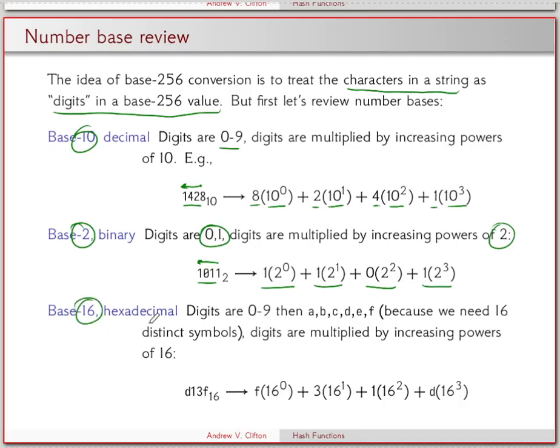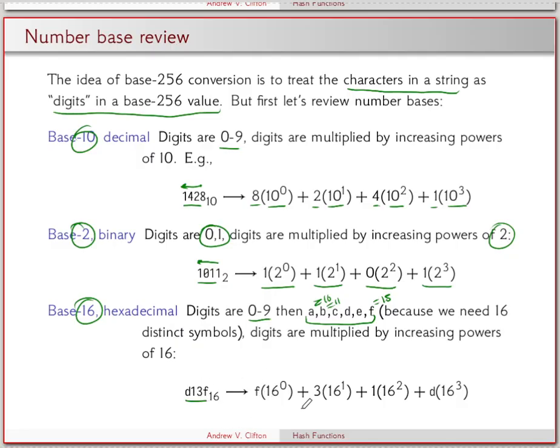Okay, what about base 16, which is hexadecimal, made famous by Matt Damon in The Martian? Our digits are 0 through 9, but we need 16 different digits, so we have to augment that with A, B, C, D, E, and F. A means 10, B means 11, all the way out to F meaning 15. We need 16 distinct symbols for our digits, and we multiply them by increasing powers of 16.